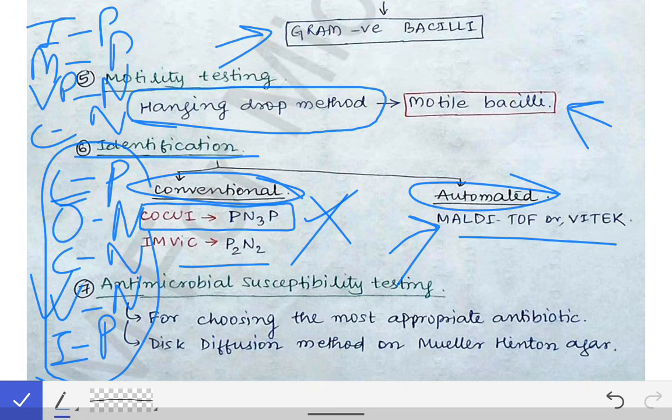That is the meaning of P2N2. You have to write in detail, not like this. In the conventional biochemical tests, you have to mention all these tests: the IMViC test and the catalase, oxidase, citrate, urease, indole tests.